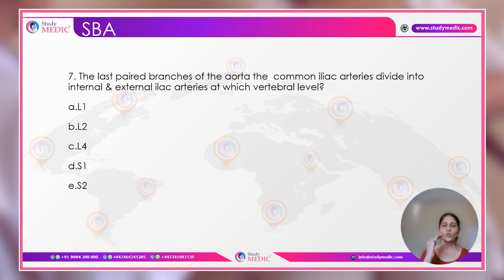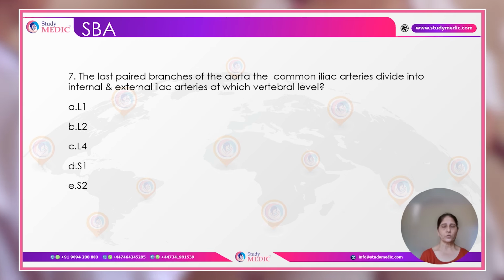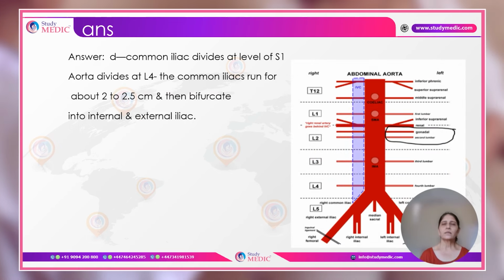You know the aorta divides into the common iliacs at around the level of L4. Then the common iliacs run for about 2.5 to 3 centimeters and then divide into the internal and external iliac arteries. So if the aorta divides at the level of L4, the common iliacs should divide at a lower level, normally at the level of S1.